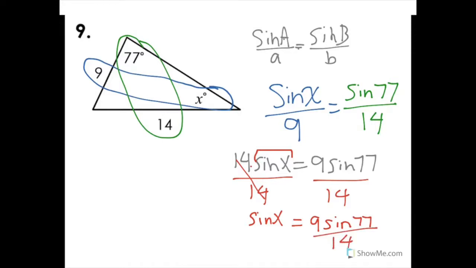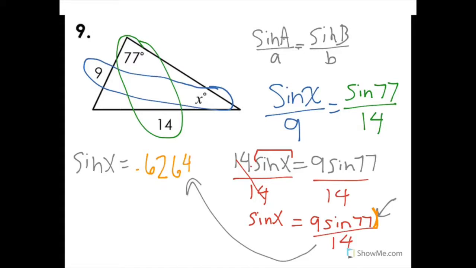So we're going to put all of this fraction into your calculator, and we're going to take that out to about 4 numbers past the decimal point. So all of that, making sure you put a parenthesis after the 77 into your calculator, would give you about 0.6264. And I will show you how to put that into your calculator also.